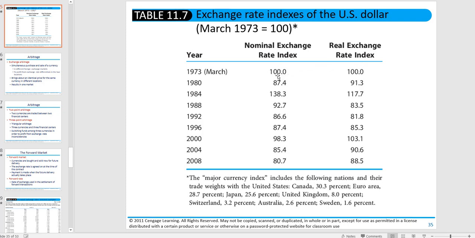So in nominal terms, using the year 1973 as the benchmark, by 1980, the US dollar was worth about 12.6% less than in 73, 100 minus 87.4. By 84, it was worth 38.3% more than in 73.